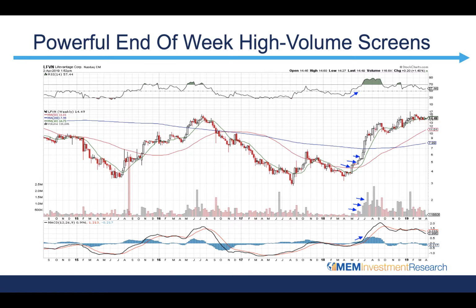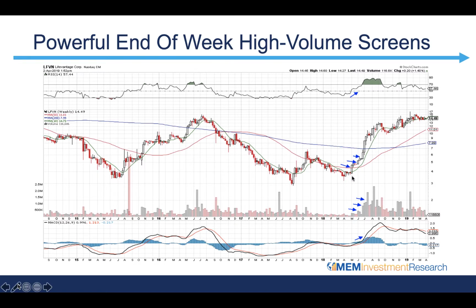I did want to also share the volume screening that you can do. Also, weekly charts can be equally as powerful. This is a bit of a dated chart. It's Life Advantage LFBN, taking us back to 2019, but it did hit my screens because for me, I am screening not only for daily, but also weekly improvement in volume characteristics for that stock.